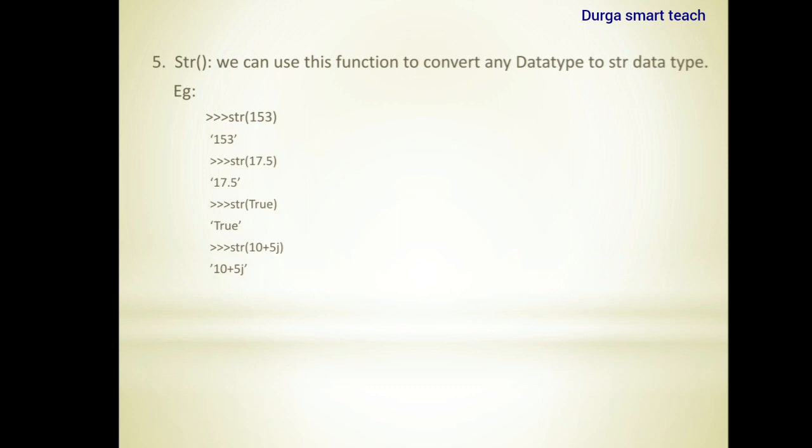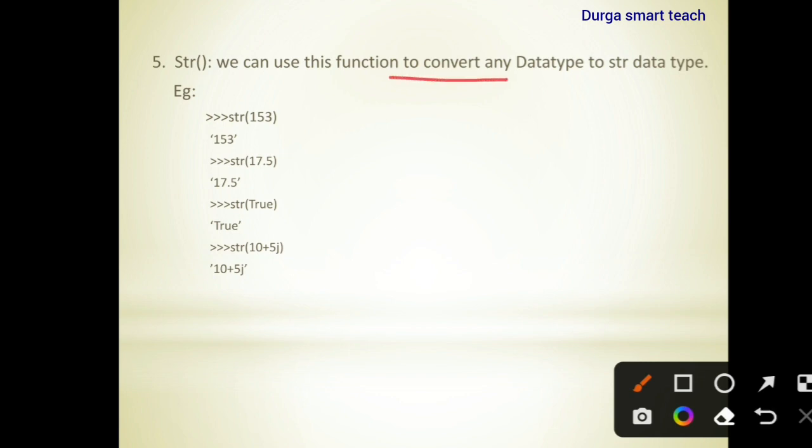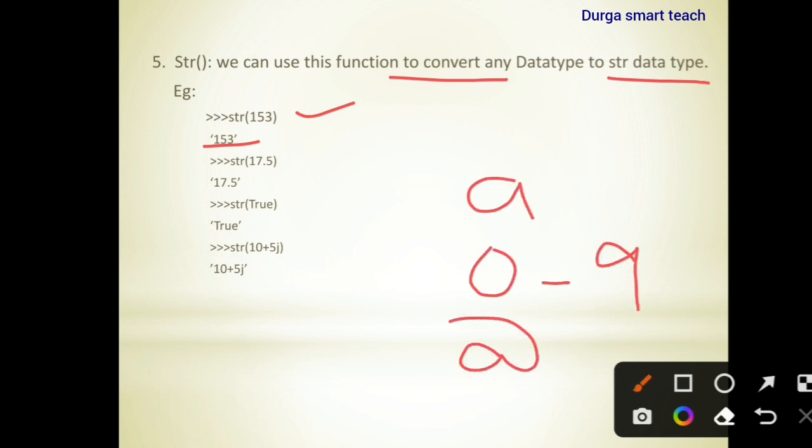And the last function is the str function, the string function. We can use this function to convert any data type to str data type. First, the integer 153 can be converted into a string. It will be enclosed in single quotes, because a string allows alphabets, digits, and special symbols.